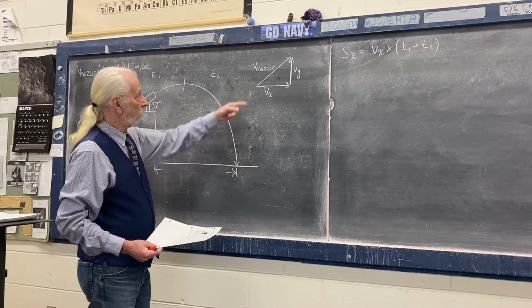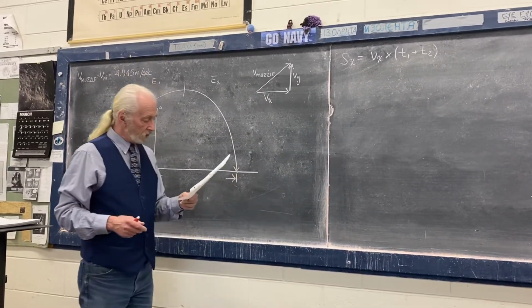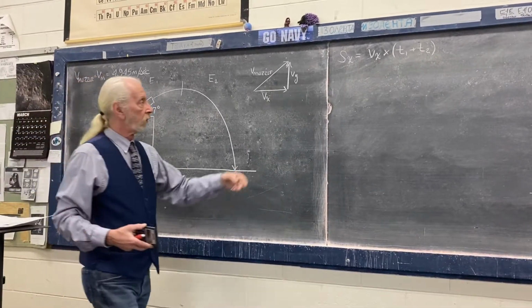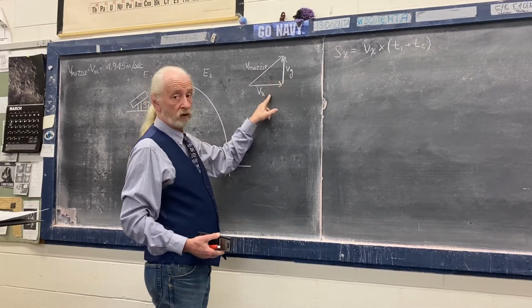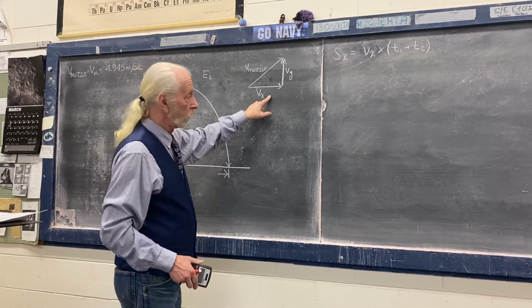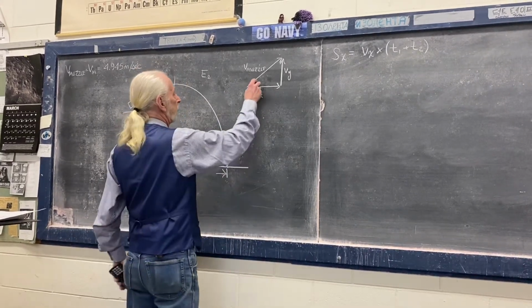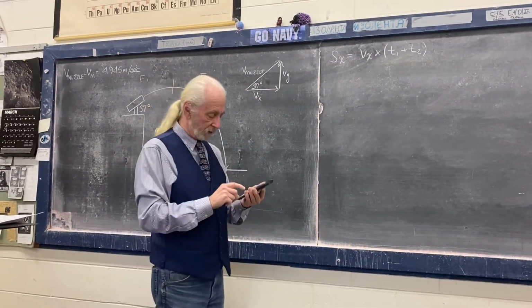All right. Well, this is where the trig comes in. So for Vx, we're going to use a little bit of trig. Remember, hypotenuse, opposite, adjacent. Adjacent equals the cosine of the angle times the hypotenuse. The angle is 37 degrees. I picked 37 degrees because it's a nice odd number.